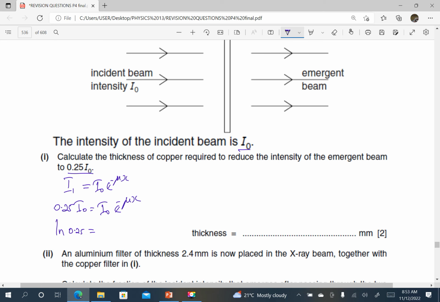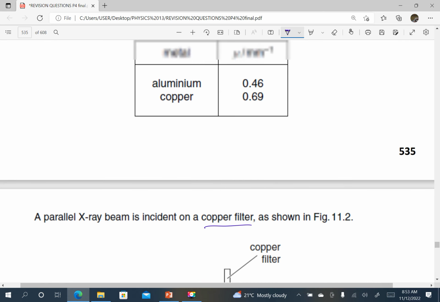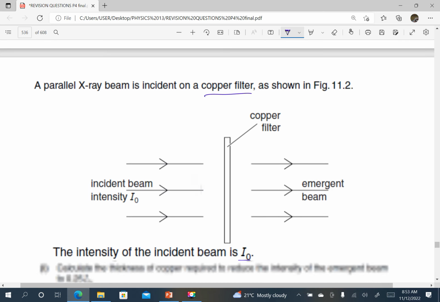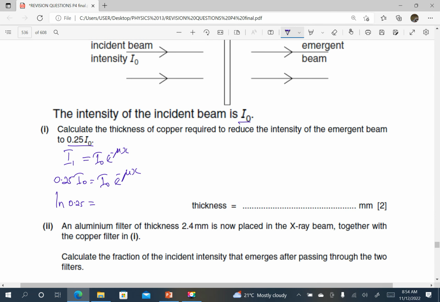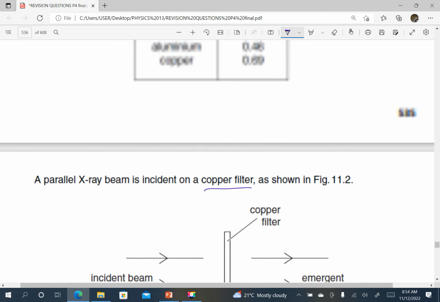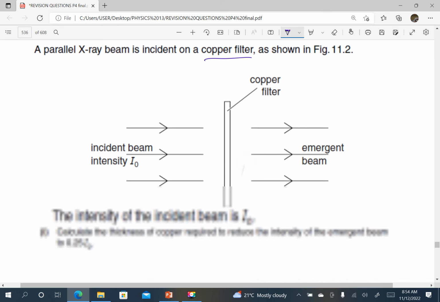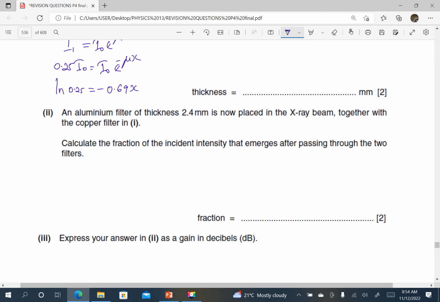And remember, mu for copper was given in the top table, which is 0.69. So I'll just substitute here. This will be negative 0.69 times x. I did not change the units of mu, it is per millimeter. Therefore, x is also going to be in millimeters.